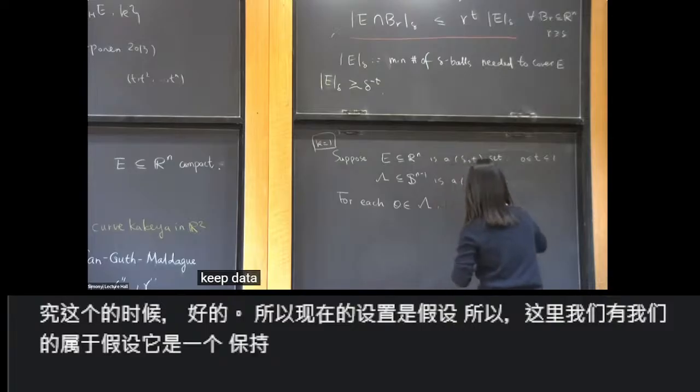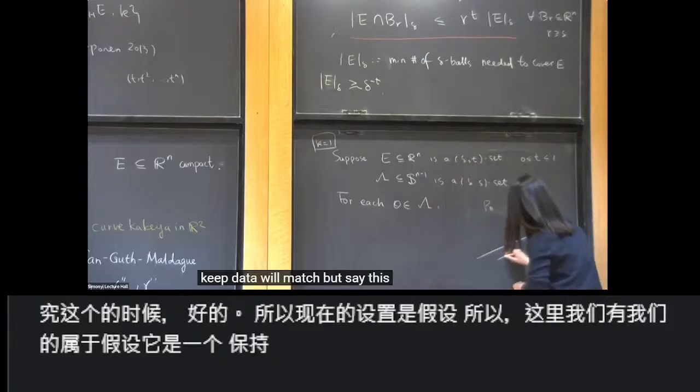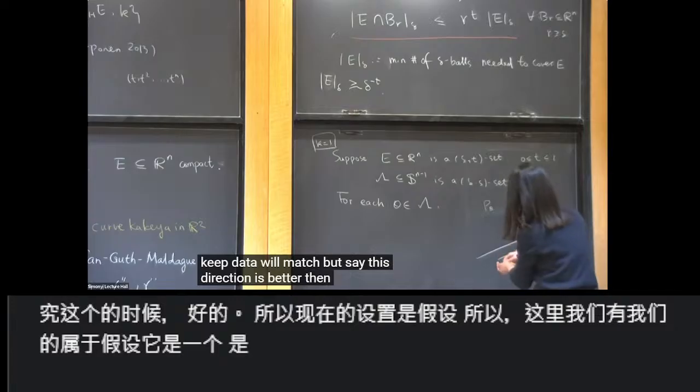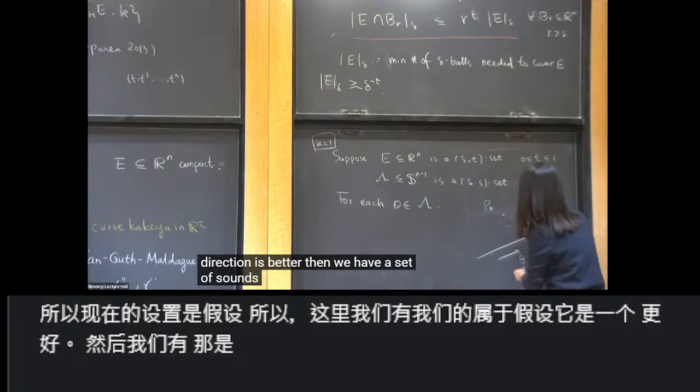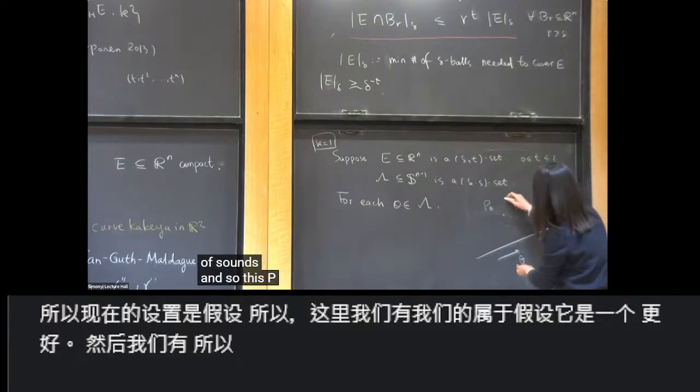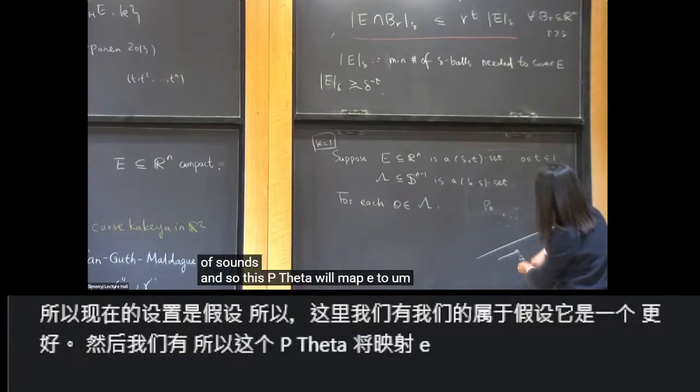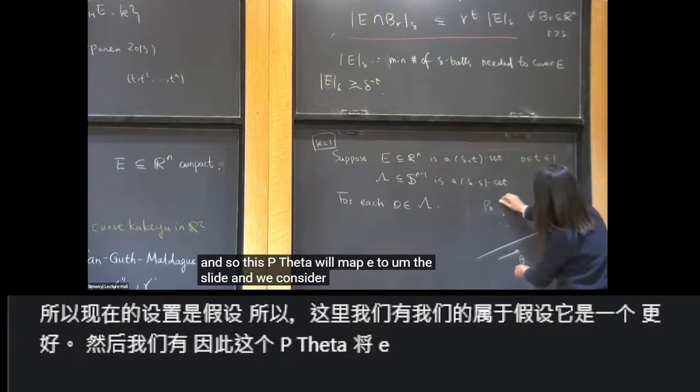P theta will map, let's say this direction is theta, then we have a set of delta balls, that's our E. And so this P theta will map E to this line, and we consider those fibers.